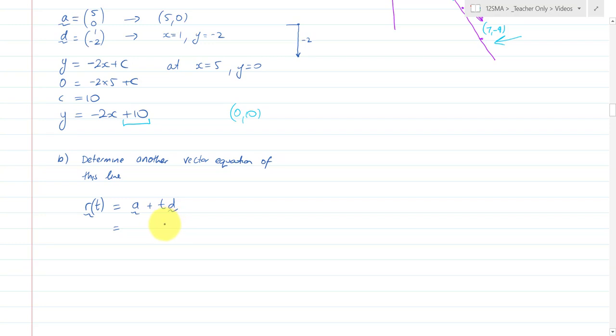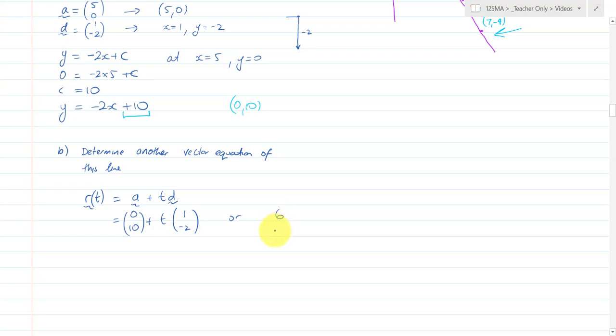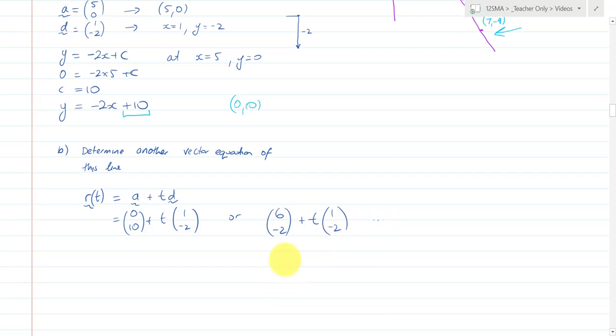My d stays the same. So I've got t times (1, -2). That doesn't change. But a could be anything. a could be (0, 10). Or a could be (6, -2). So I wasn't really accurate there. a couldn't be everything or anything. But it can be a lot of things that follow this specific rule of existing on that line. So yep, there are plenty of different vector equations available.